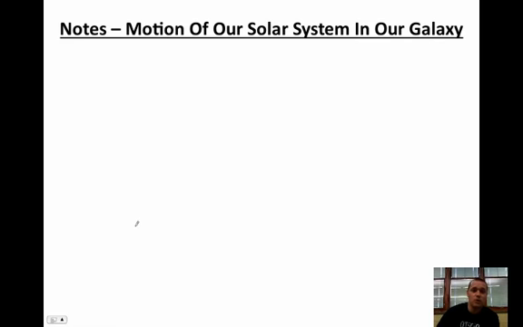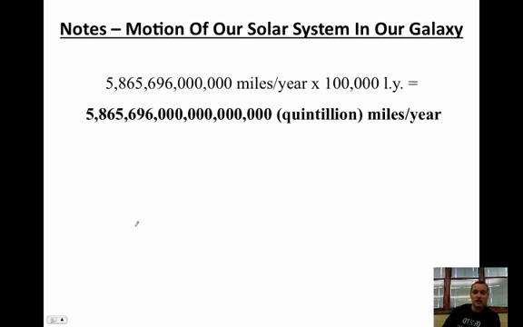But how far is this? Well, when we look at distance, and we're talking about how fast we're going, again, we go back to that number, 5.8 quintillion. Quintillion miles is how far that distance truly is from one side of our galaxy to the other. The Milky Way galaxy is large, but it's definitely not the largest.